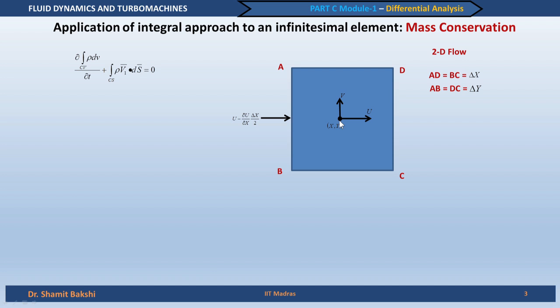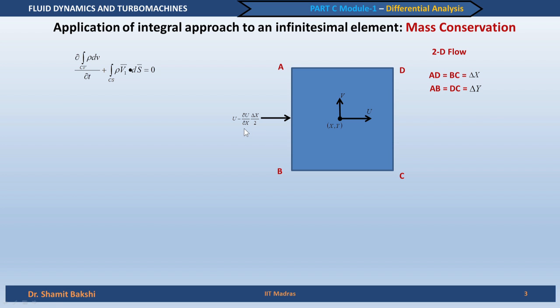So, how to do that? If we take this to this side, the size of the control volume in this direction is delta x, and the control surface is located at a distance delta x by 2 from the center of the control volume. So, we can write the expression for velocity as u minus del u by del x into delta x by 2.